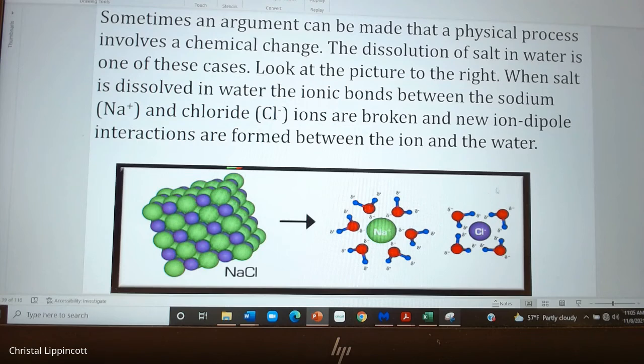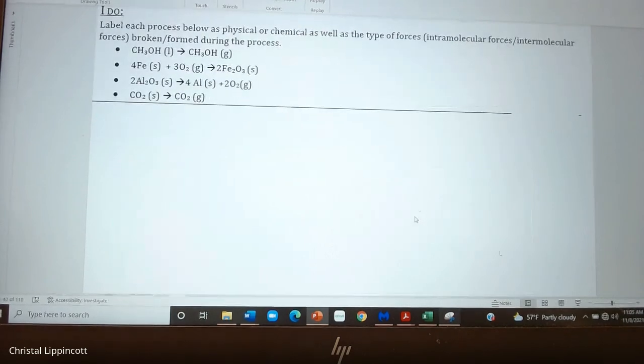So there is kind of a debate in the chemistry community. Some people say this is a chemical change. Some people say it's a physical change. So it just depends on who you run into. I know that I've always classified it as physical just because it makes it easier, but just realize that there's a camp out there that says no.